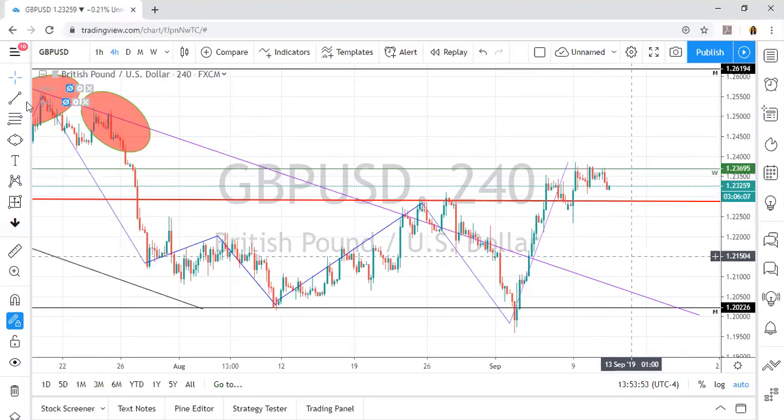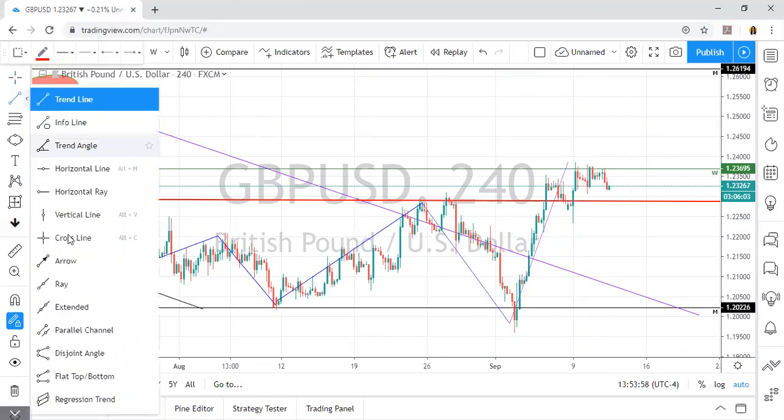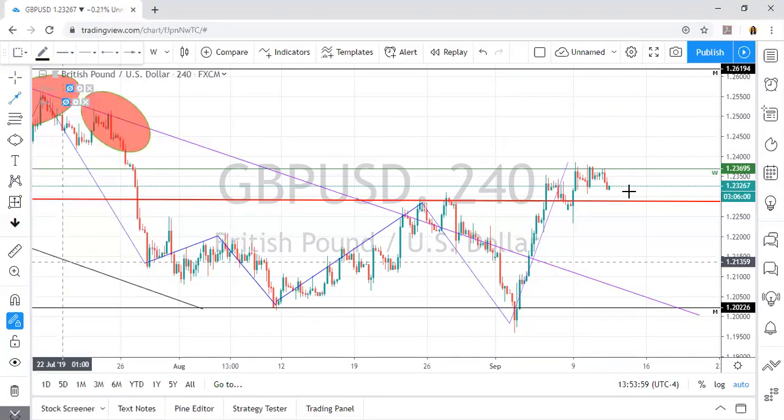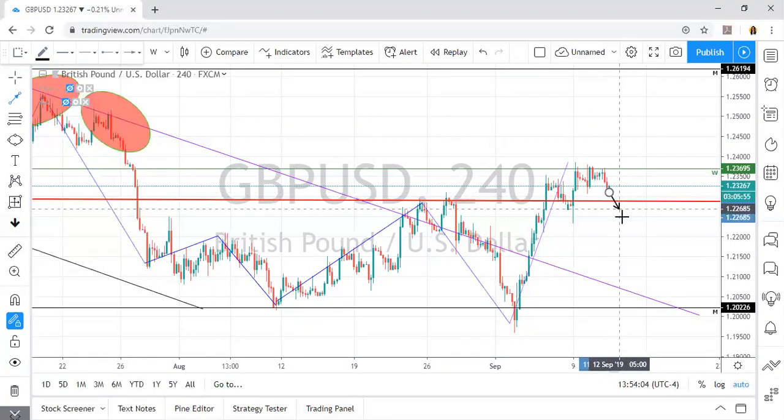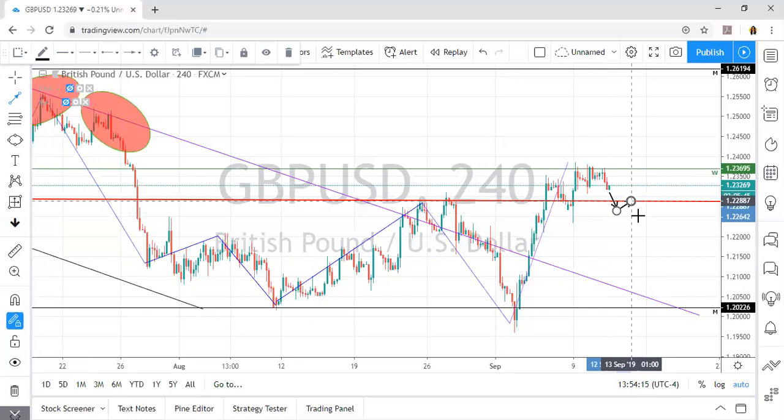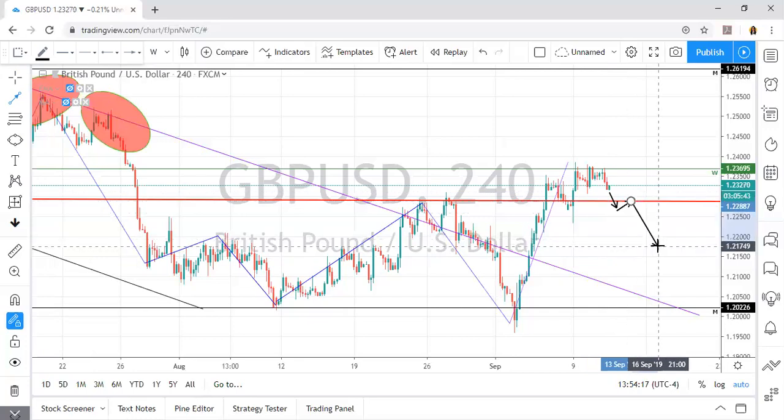So as I mentioned to you earlier, the market can either come down, close below this line, we test this previous resistance and go down.